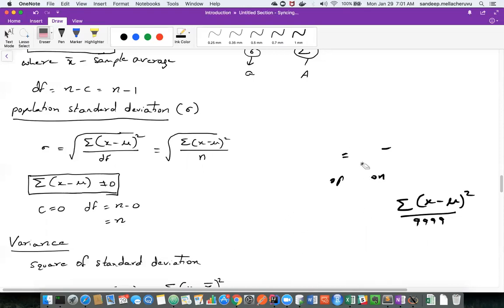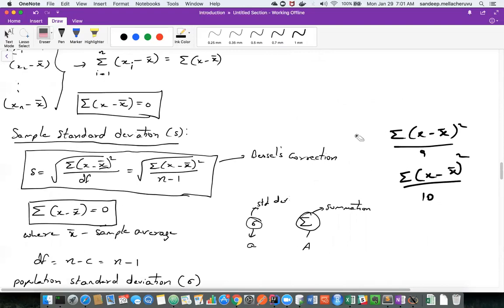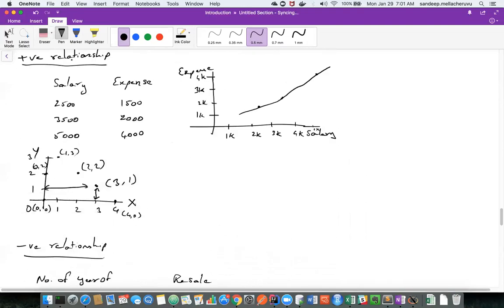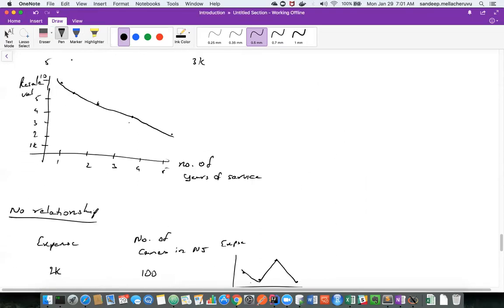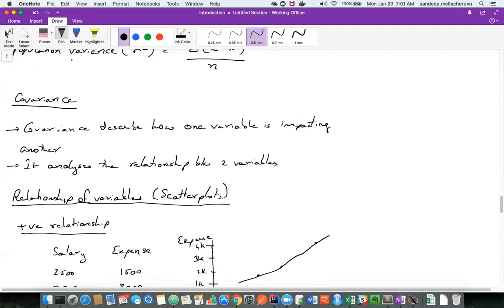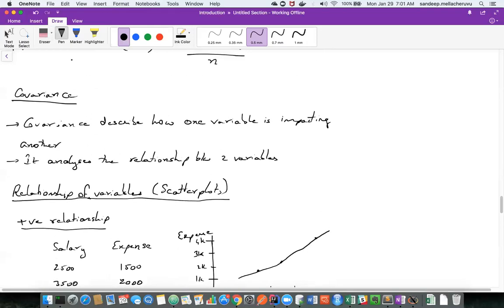Let me remove all these things because you already have whatever you want here itself. Now, we have variance and covariance. Covariance represents how closely two variables are related.